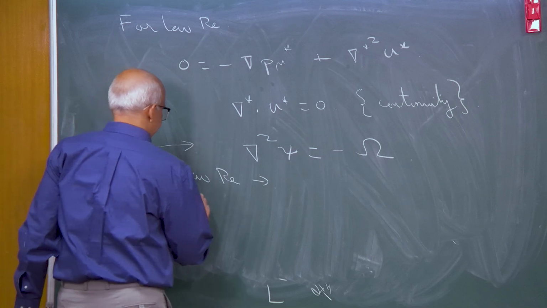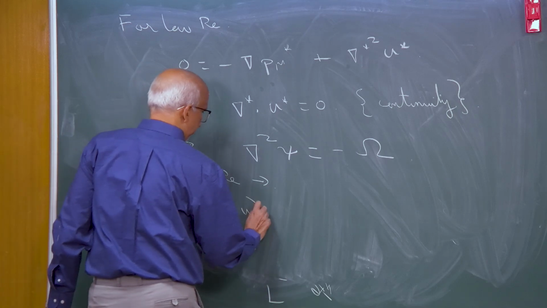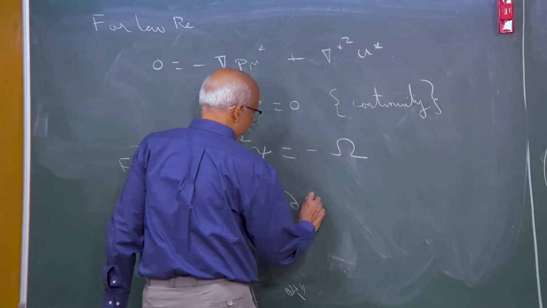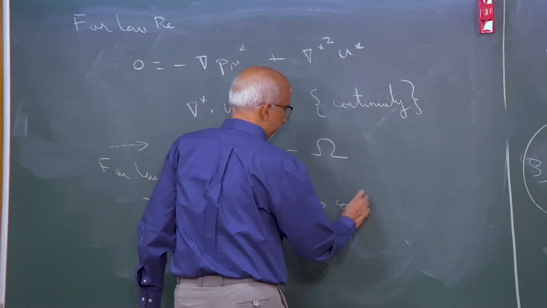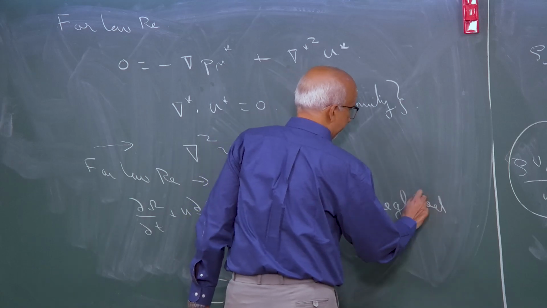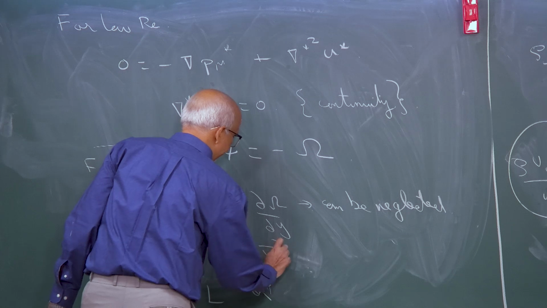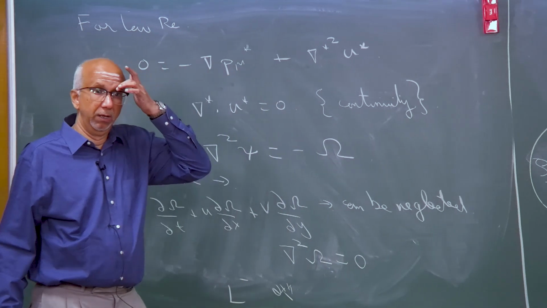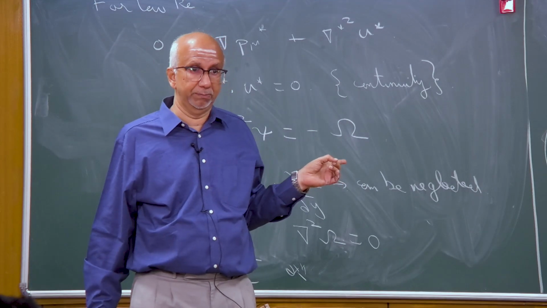So, basically d omega by dt plus u d omega by dx plus v d omega by dy can be neglected, and what you have is del square omega equals 0. That was from the vorticity transport equation.